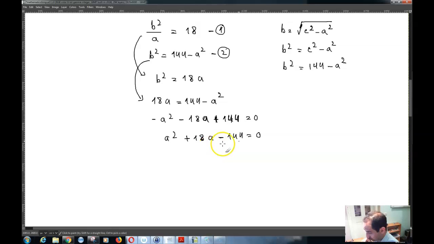Now, to solve this equation, you can write 144 as basically 2 times 72, 2 times 36, 2 times 18, 2 times 9, so this is 16 and 9.